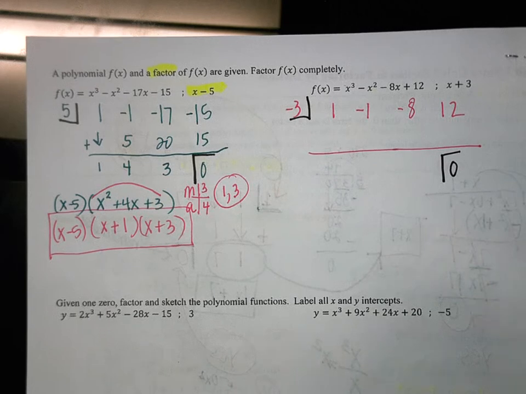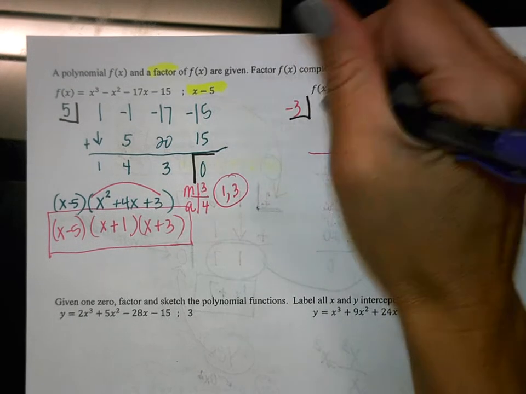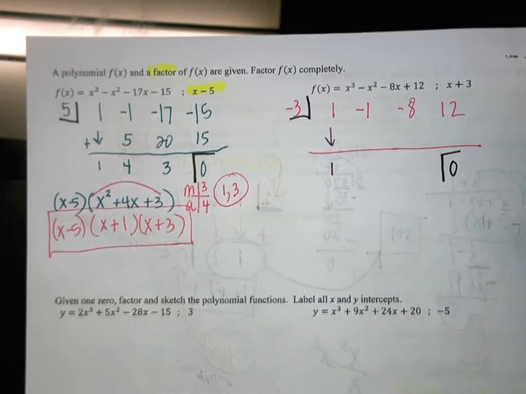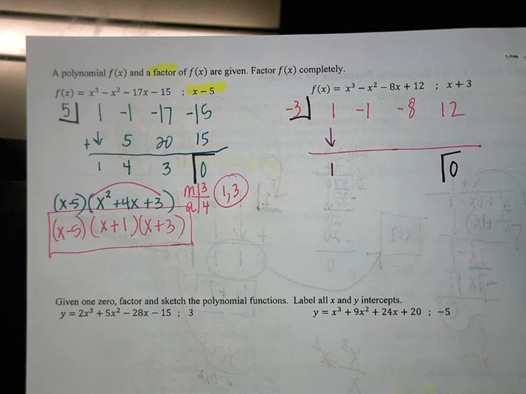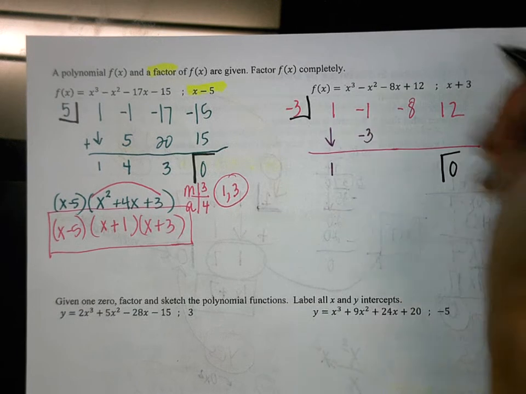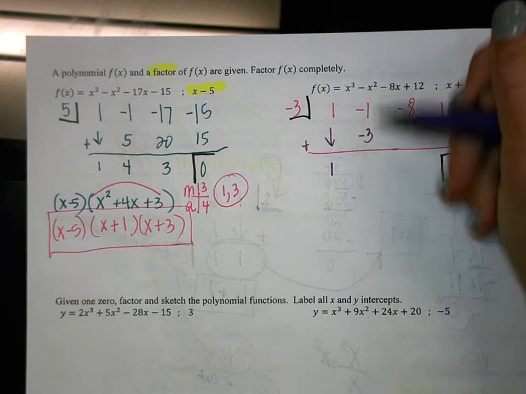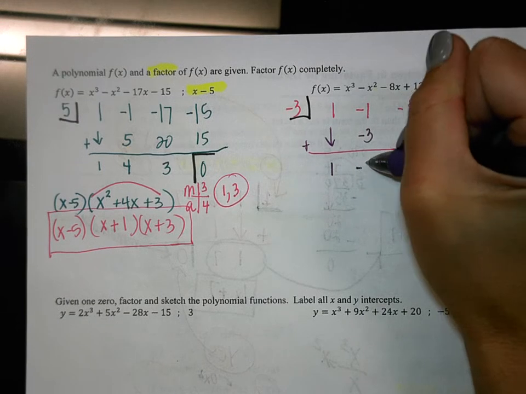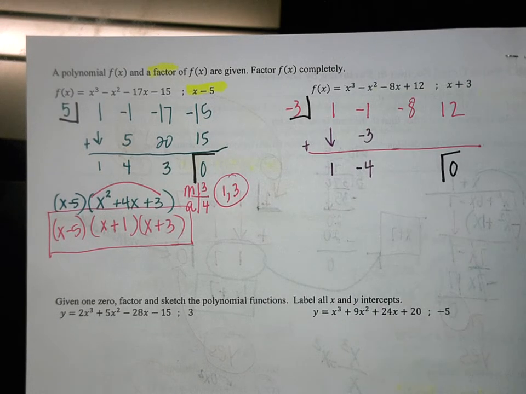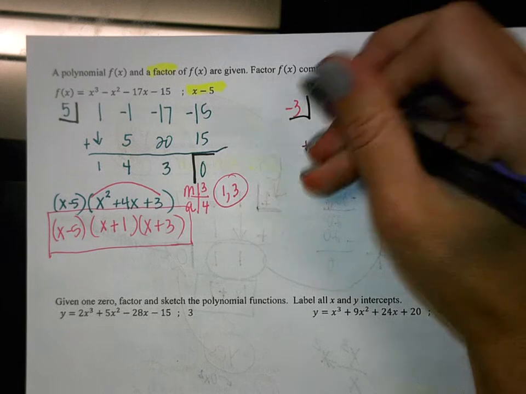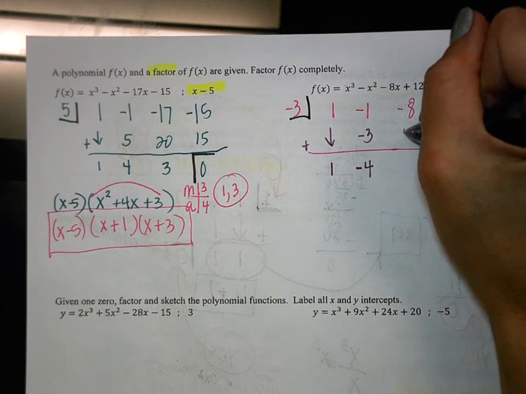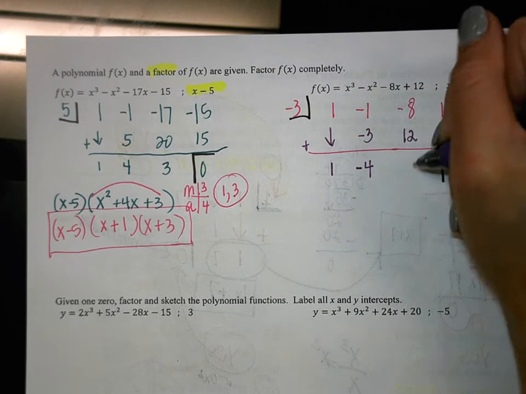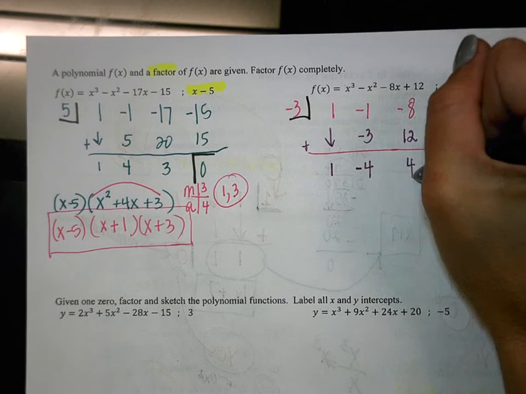Okay? So the first thing we do is bring down our 1. 1 times negative 3 is? And we are adding down. When you had two negatives, you add them and it's negative 4. Negative 4 times negative 3 is a 12. We add down and we get 4. And 4 times negative 3 is?